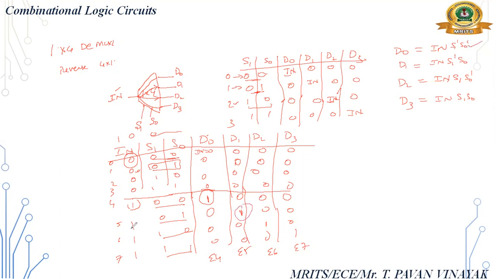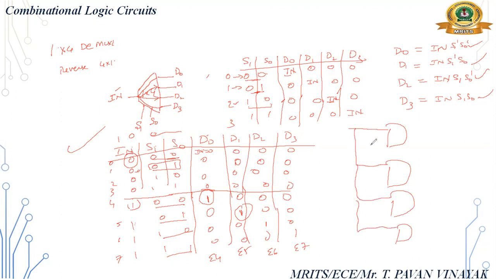Next 5 means 1, 0, 1. Right? Means IN S1 bar S0. So same equations we are getting. Here and here also we get the same equation. Right? You can use this truth table or this truth table for the 1 by 4 demultiplexer. And the circuit is 4 AND gates. Okay, IN is common for everyone.